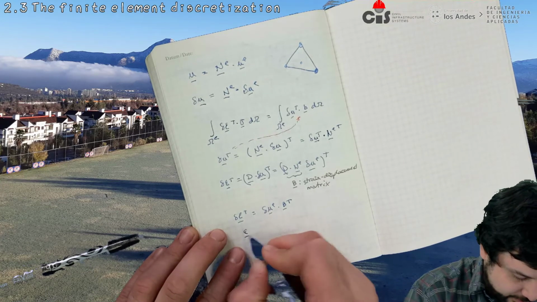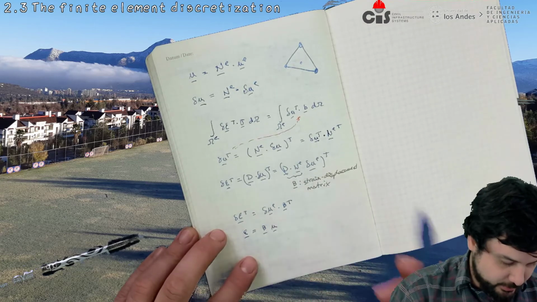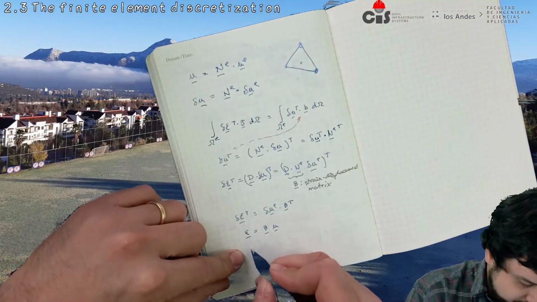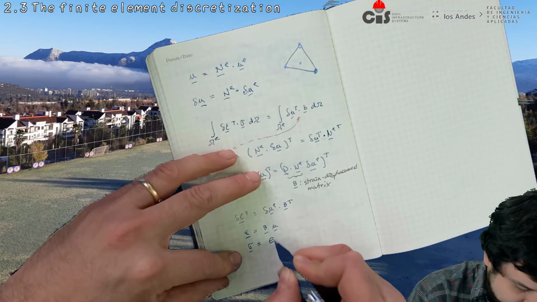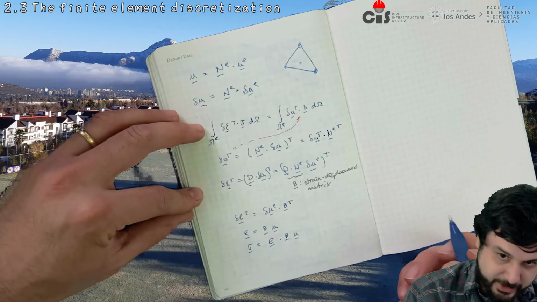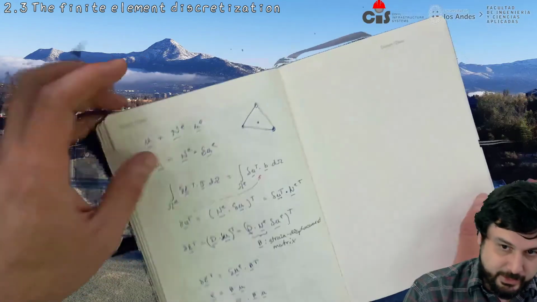Obviously, we have epsilon equals B U. It follows from a similar idea. And therefore, sigma is E times B times U. Okay, so just multiply this by E, the elasticity matrix. So finally, what we get is the following.